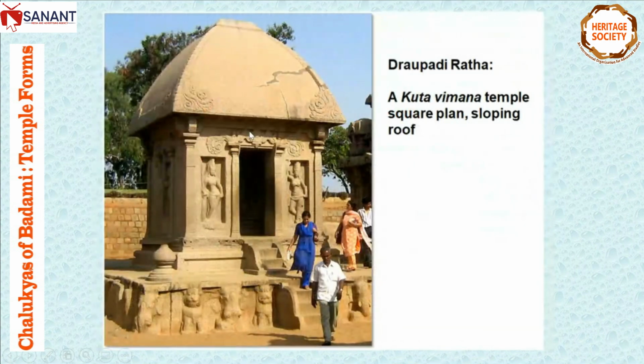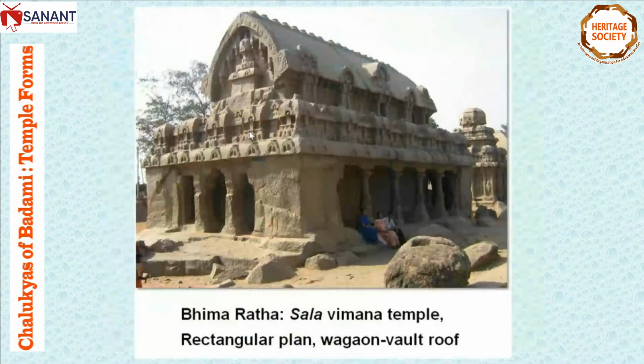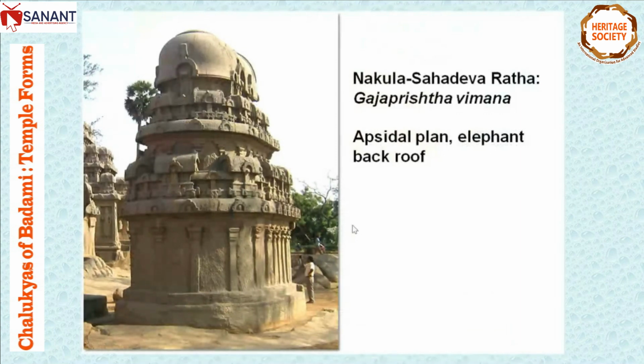Now this is the Draupadi Ratha, which is the base for the Kuta Adicule. This is the Bhima Ratha. You can see the oblong plan of it, and this is for Shalakara representations, and this is of course the Nakula Sahadeva Ratha, Gajaprishta representations.